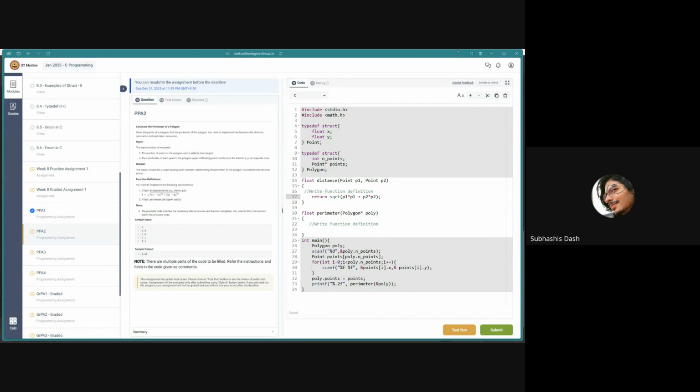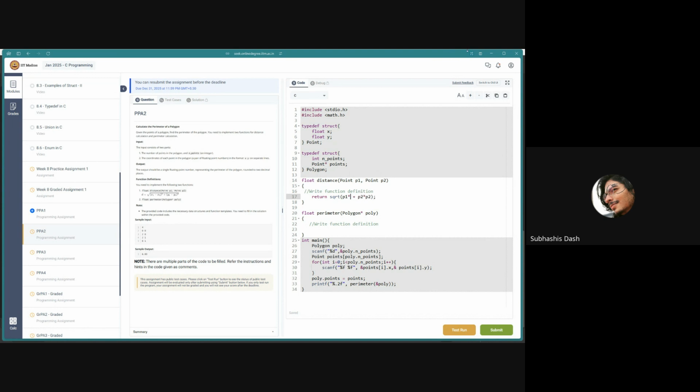Now is this correct? The answer is no, this is not correct.